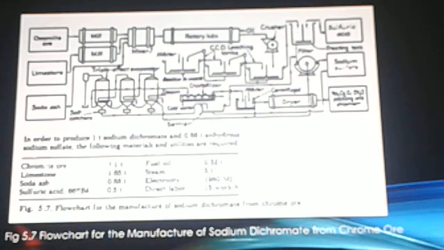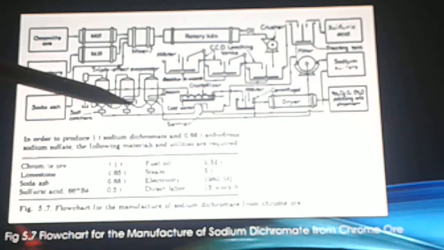Most of the sodium sulfate crystallizes from the boiling hot solution during acidification, and the rest drops out in the evaporators to form dichromate solution.